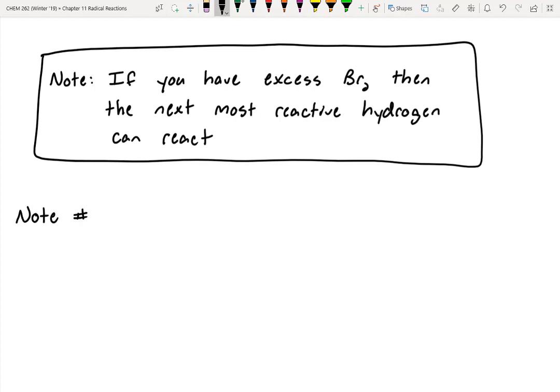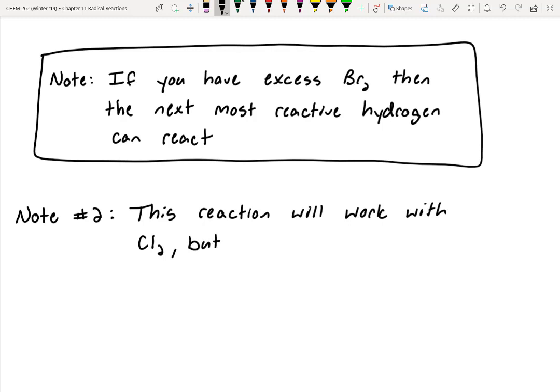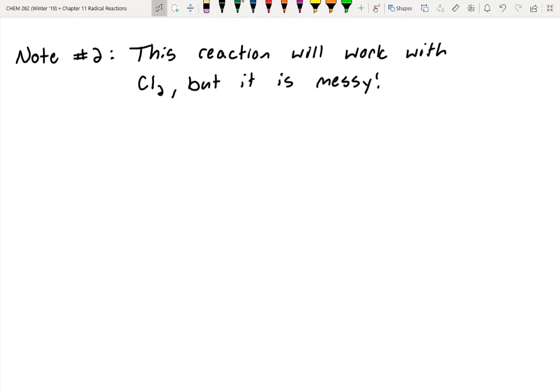So this is note number 2. This reaction will work with Cl2, but it is messy. And I'll show you what I mean by note number 2 here.